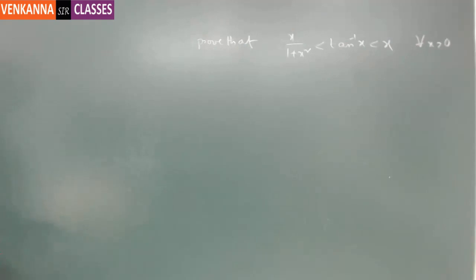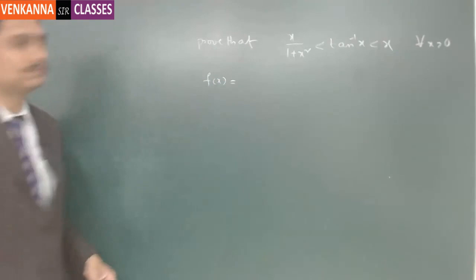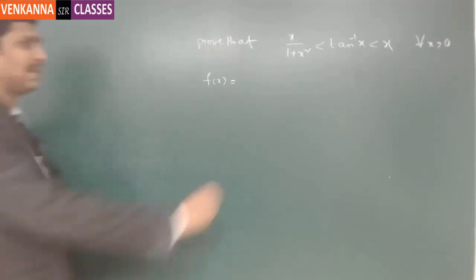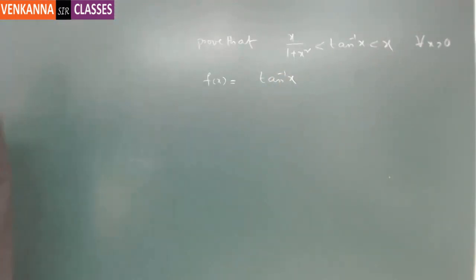Now from this you tell me what is to be taken as f of x here, on observing the inequality. It is nothing but tan inverse x, because its derivative happens to be 1 by 1 plus x square.